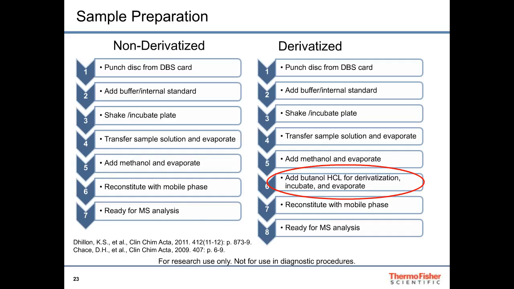The derivatized approach involved butylation of the carboxylic acid moieties of each compound, which takes an extra 45 minutes for the reaction and evaporation of the butylation reagent.